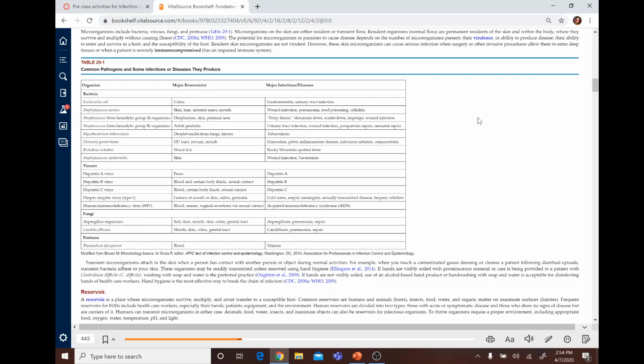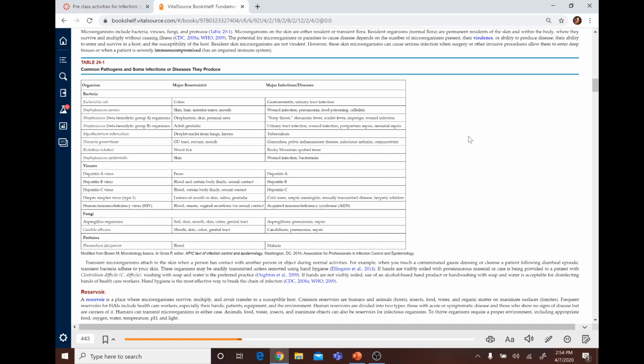What is the major reservoir for strep A organisms? Oropharynx, skin, perineal area. What are the major infections and diseases of strep A organisms? Strep throat, rheumatic fever, scarlet fever, impetigo, and wound infection.